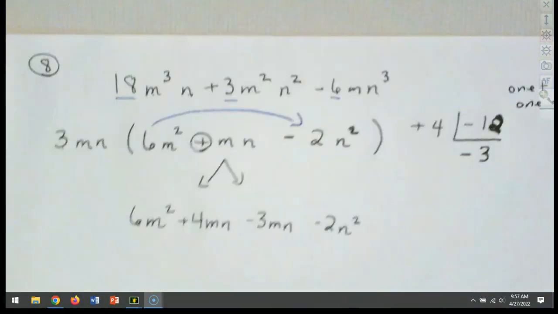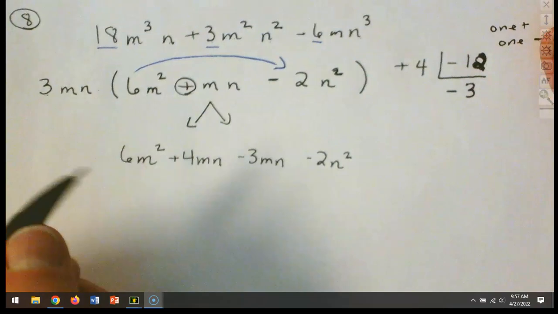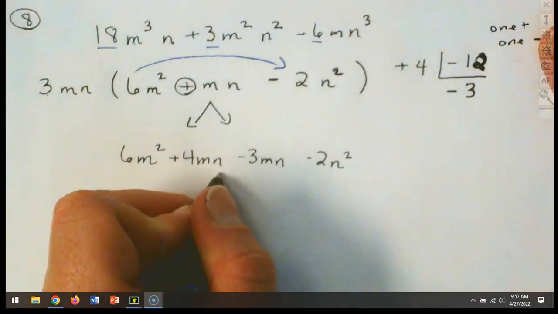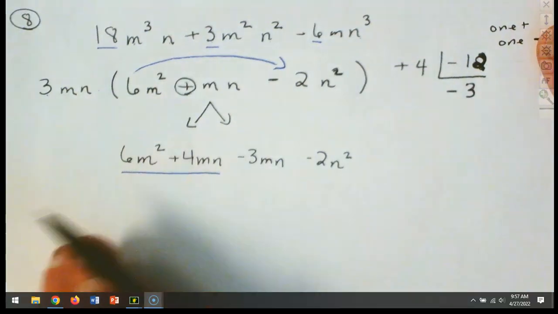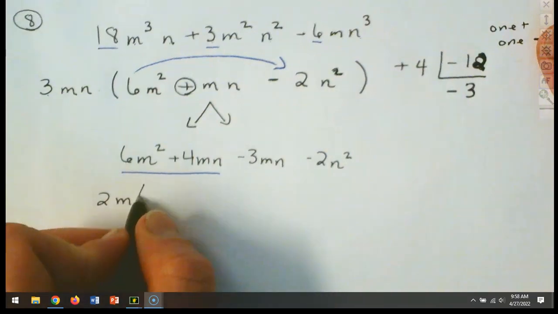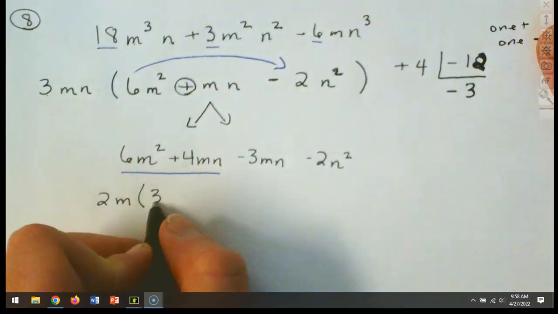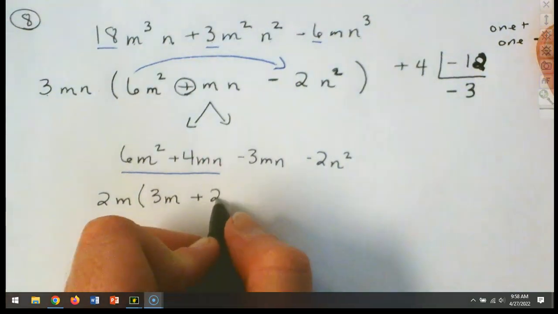We try to rewrite that into 4 parts so we can factor by grouping. So 3 always makes it into 4. And first 2 pieces, what can I factor out? Can someone tell me? Yep, 2 and an m, right? Okay, and that's going to leave me then with the 3m and 2n.